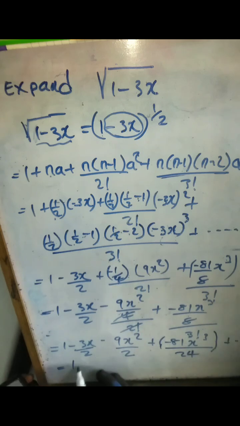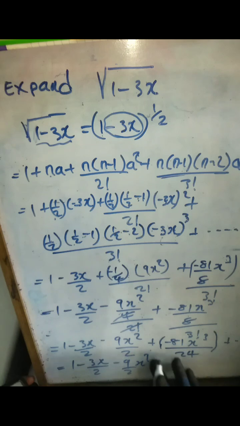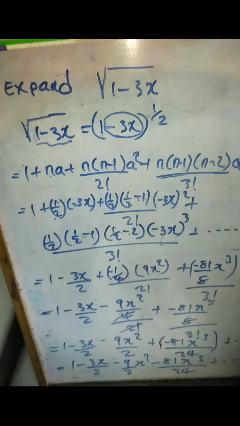So now this can be 1 minus 3x over 2 minus 9 over 2 x squared plus negative 81x to the power 3 over 24 plus dash dash dash. So that's how you can expand that function.